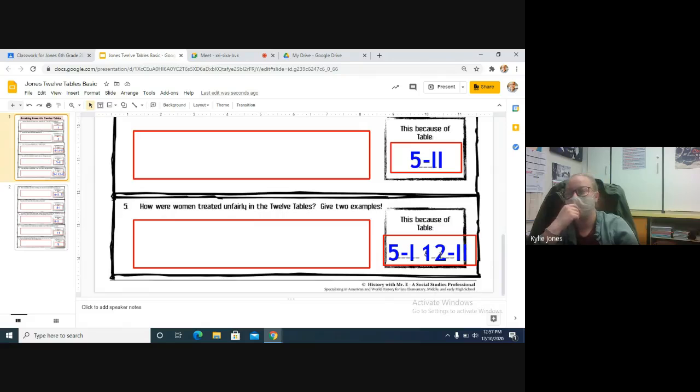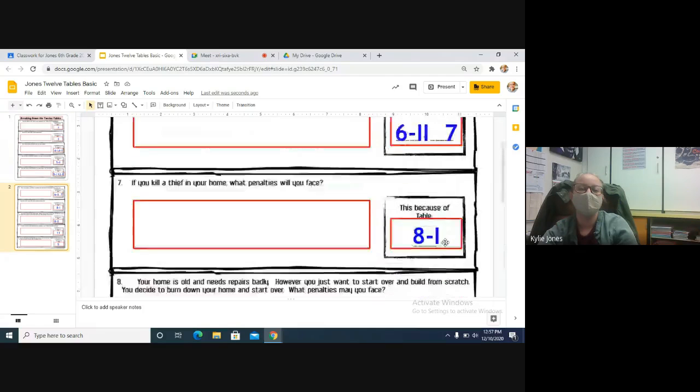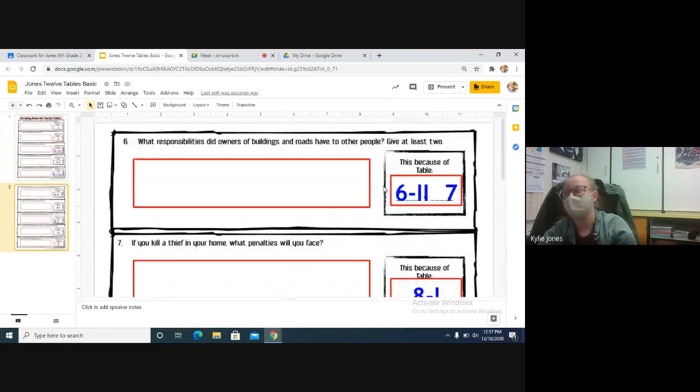On number 5, you need to use table number 5(1) and table number 12(2) to answer the question. Complete sentences, please. On slide number 2, for number 6, you need to use table 6(2) and table 7.